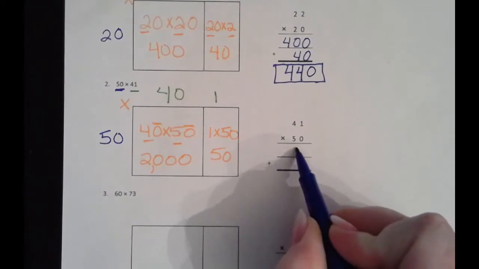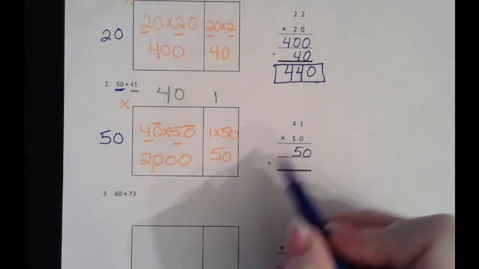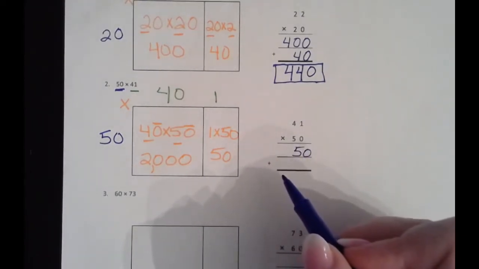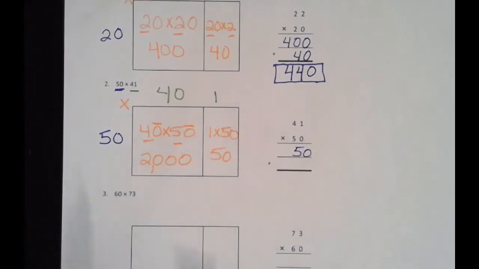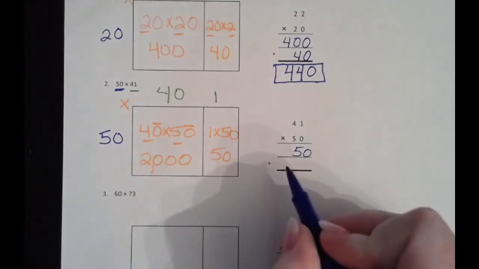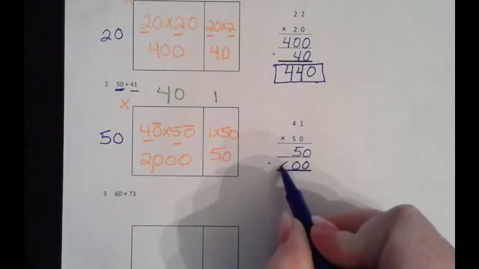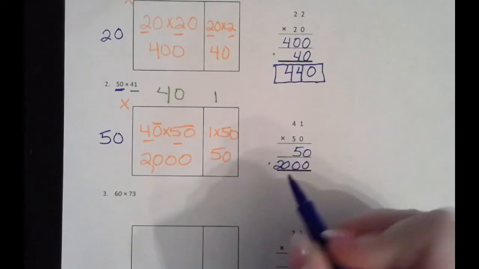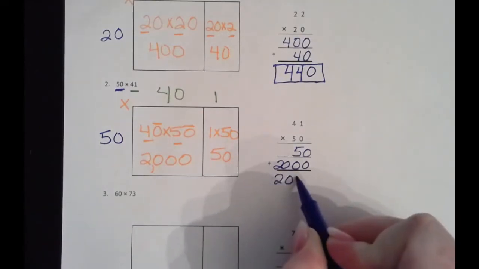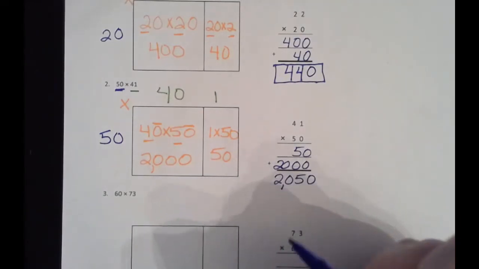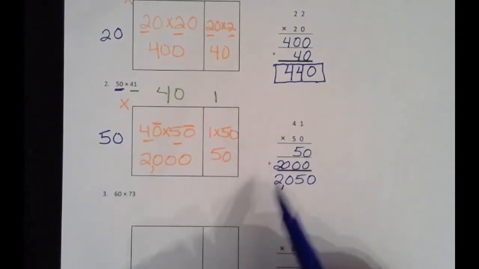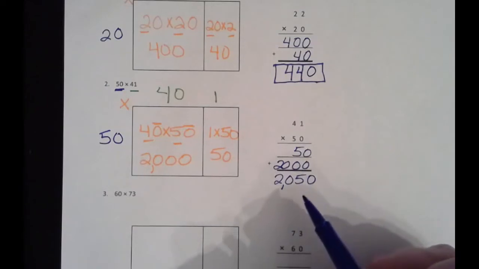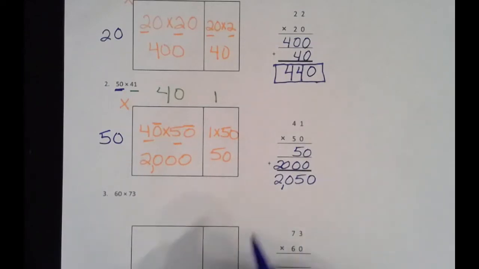So I'm going to put that 50 on top. This will come into play tomorrow when we start the standard algorithm, and you'll see why that 50 is actually first. And then 2,000 will be below. And we're going to add those together, and we will get 2,050. So 50 times 41, or 41 times 50, however you look at it, that will be 2,050. That'll be your final product.